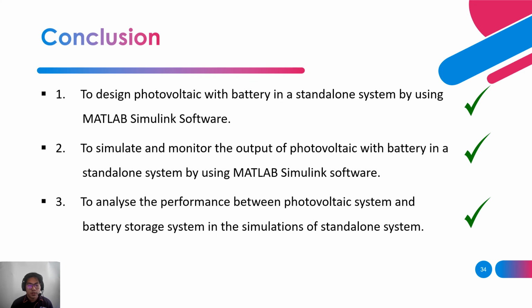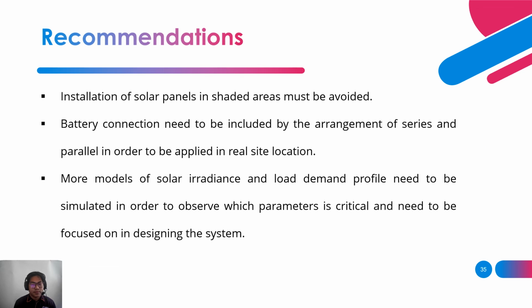For the second objective, the simulation was successfully simulated and the output of photovoltaic with battery was monitored in a standalone system by using MATLAB simulating software. Lastly, objective 3 has been successfully done by analyzing the performance between the photovoltaic system and battery storage system in the simulation of a standalone system.